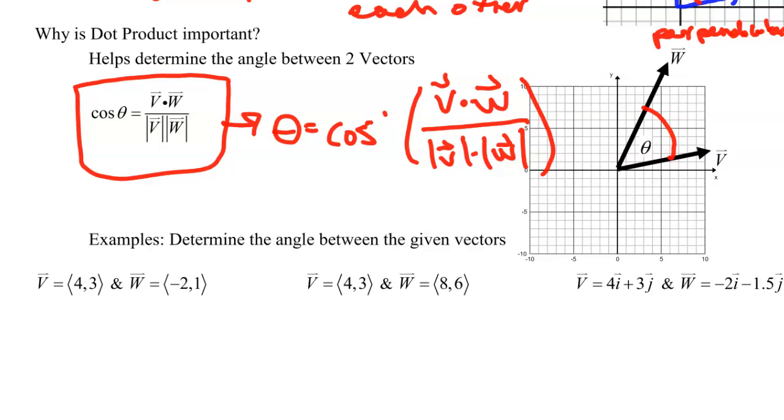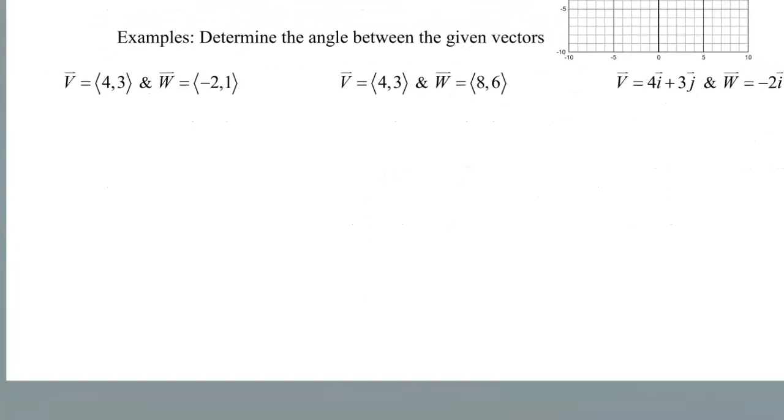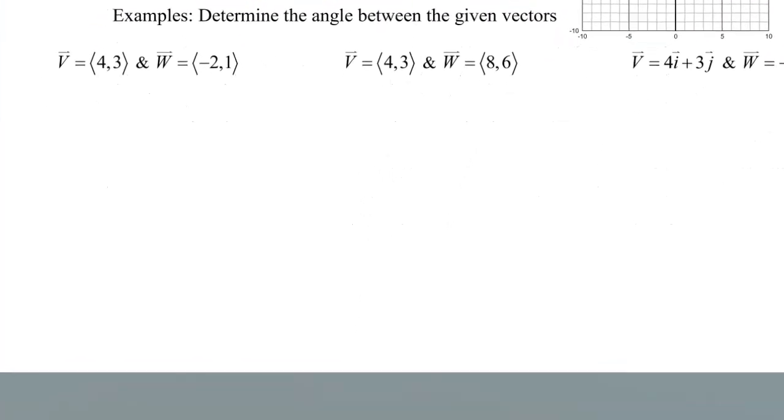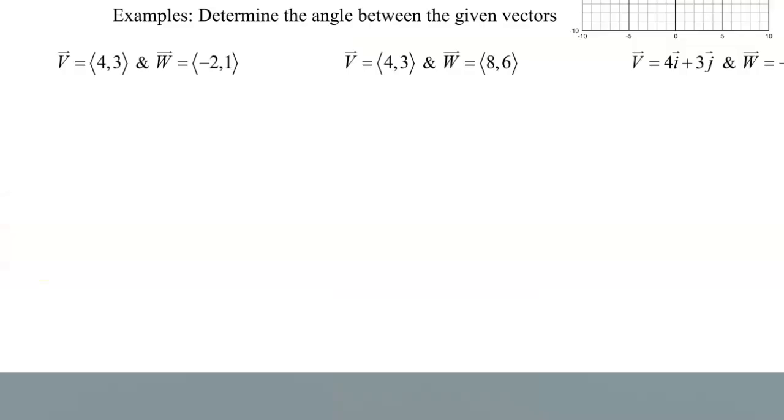Okay, let's go through an example. I'll do the one example full out here. I'll let you work on the other ones by yourself, and I'll put the answers up. Okay, so here are my two vectors. Vector v, vector w. I want to figure out the angle between them. So I have to do the magnitude of v.